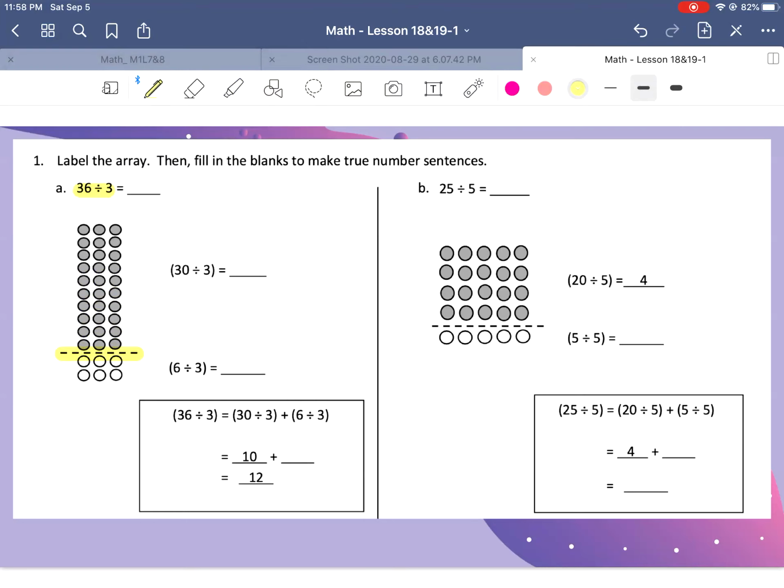That means this whole thing is 30. And this thing is 6. And we're wondering how many 3s can go into each one. So 30 divided by 3, what is it? It's 10. What is 6 divided by 3? It's 2. So we just need to add 10 and 2, and my answer is 12.